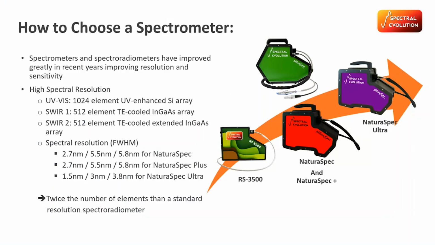So how to choose a spectrometer? Our instruments are divvied up primarily by their spectral resolution. So we have this range of different instruments. We have the RS-3500, which is 2.7, which is comparable to other instruments on the market today.